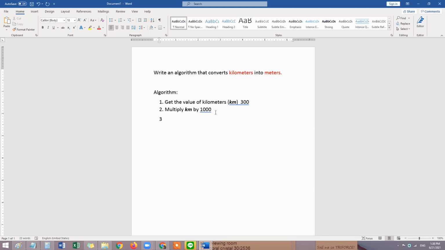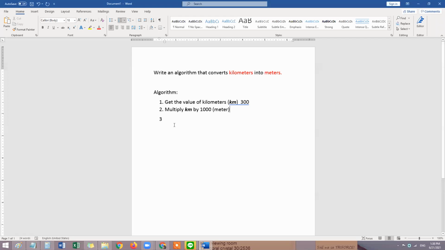So when you multiply it, what do you want to call the variable? Since this one, the kilometer, is different. When you multiply km by 1000, it will give you another result, another value. So what do you want to name it? Meter. Okay, meter.